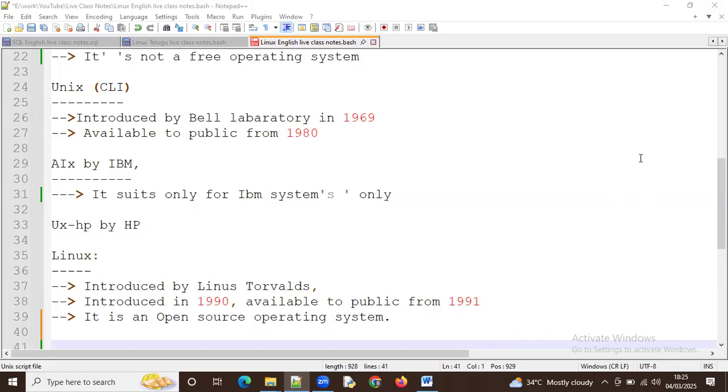If you want to use the same kind of OS in Lenovo or Dell or HP, it won't support. Not only Dell, HP, Lenovo, it won't support any other company's laptops or systems.